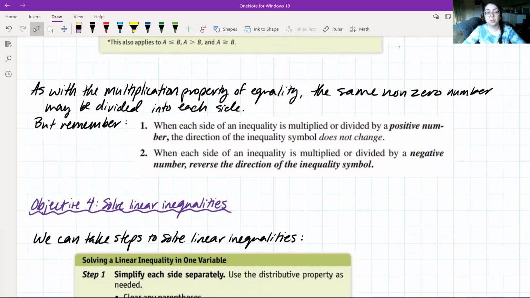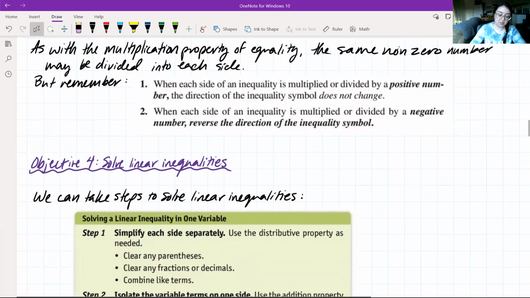So as long as you're multiplying or dividing by a positive number, everything stays the same. But when each side of an inequality is multiplied or divided by a negative number, reverse the direction of the inequality symbol. So whether you're multiplying or dividing by a negative number, that symbol has to switch. So, all right. Objective 4.